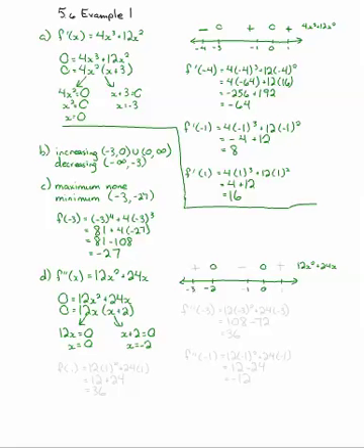Need to pick one number in each of these regions again, and evaluate the second derivative at each of those to figure out whether it's going to be positive or negative. And again, I'm going to skip a couple of steps here. We plug in -3, we get out 36, so we are positive.